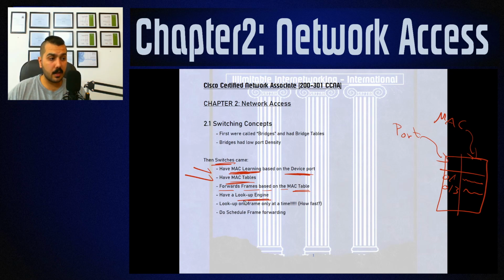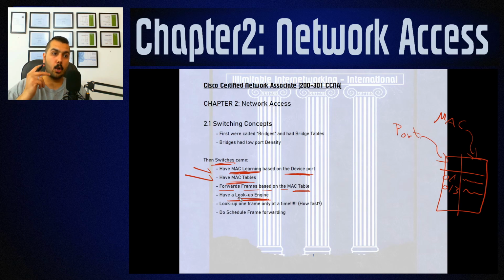The big difference from bridges and hubs is that switches have a lookup engine. Lookup means: wait please, hold on, frame, I need to look you up to know where you came from, whom you are seeking, and I will switch you to that destination. After this frame goes, I will receive the second frame, maybe David is contacting John, and at the same time Elessa is contacting John.